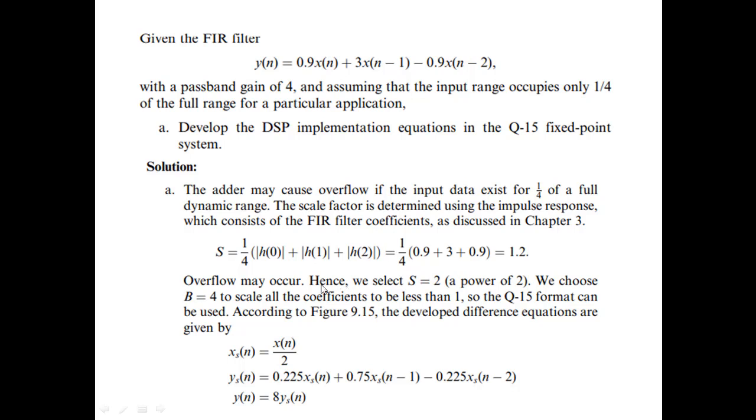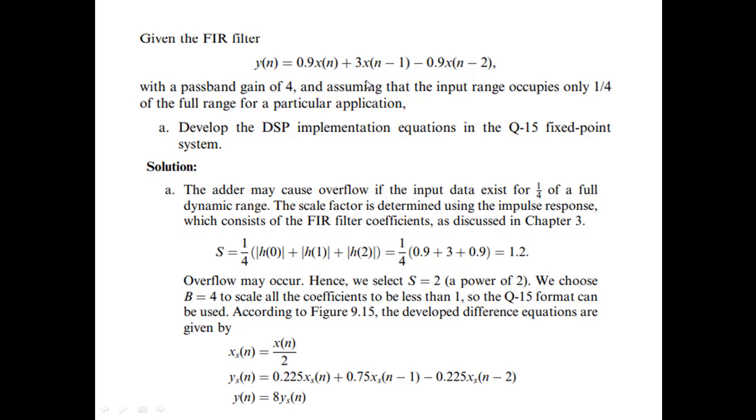Since, as we discussed, we have to scale in powers of 2, we will take s equal to 2. Now we will choose capital B as 4. Why have we chosen B as 4? Because capital B is the scaling factor for the filter coefficients, and 0.9, 3, 0.9 are the filter coefficients. The maximum is 3.